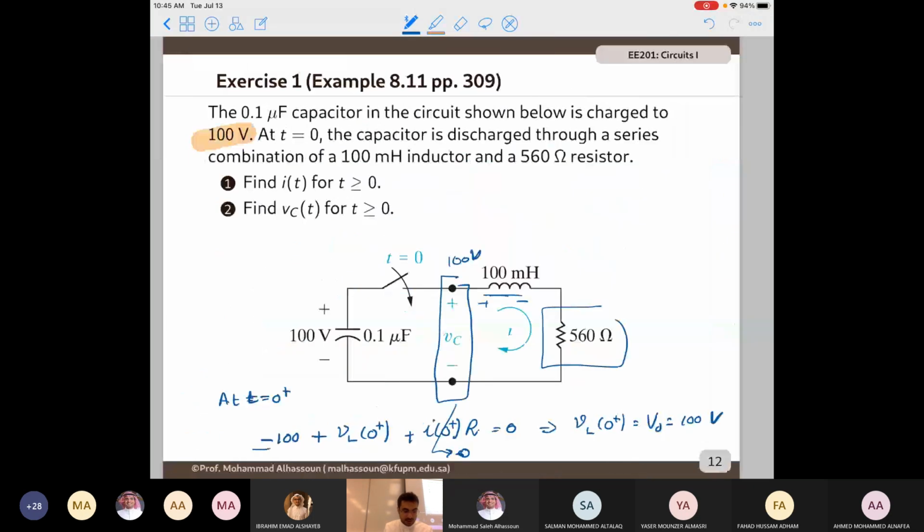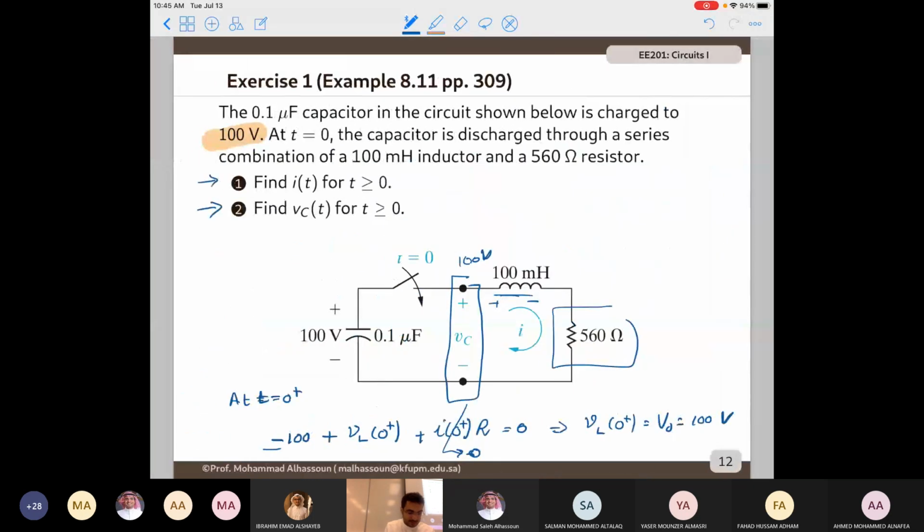Now, the second part is asking us to find the voltage across the capacitor. So what is the voltage across the capacitor? We have two options actually to find it. Rahim?